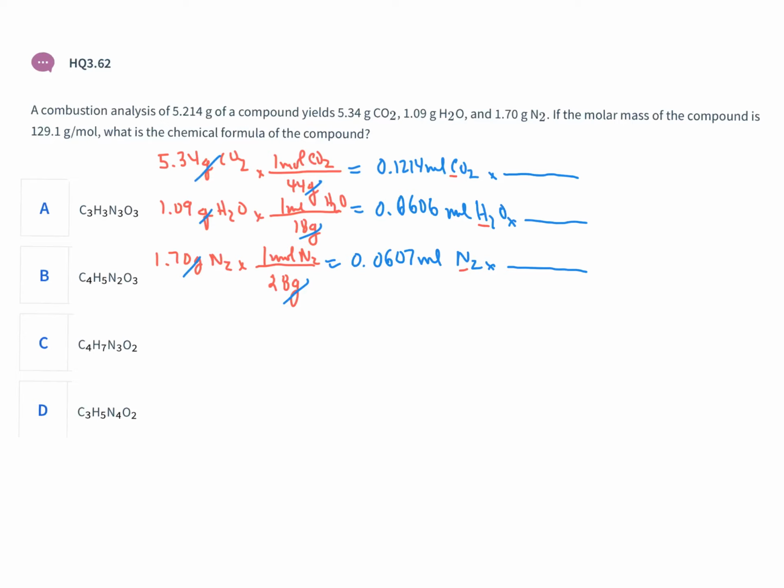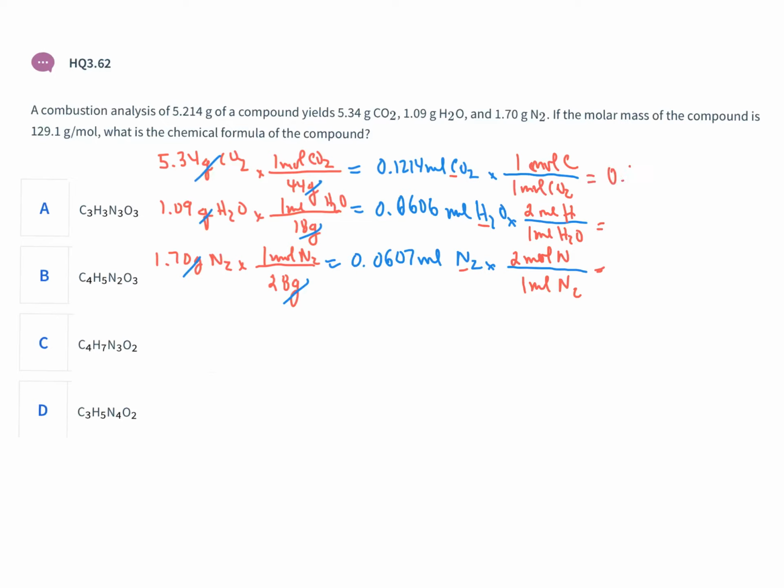So I know from every 1 mole of CO2, there's 1 carbon. For every 1 mole of water, there are 2 moles of hydrogen, and then there are 2 moles of nitrogen for every 1 mole of N2.